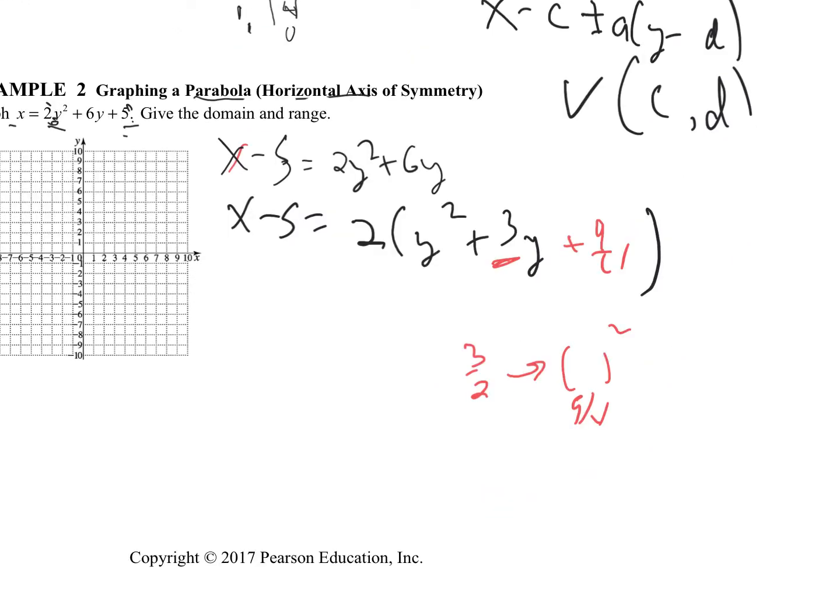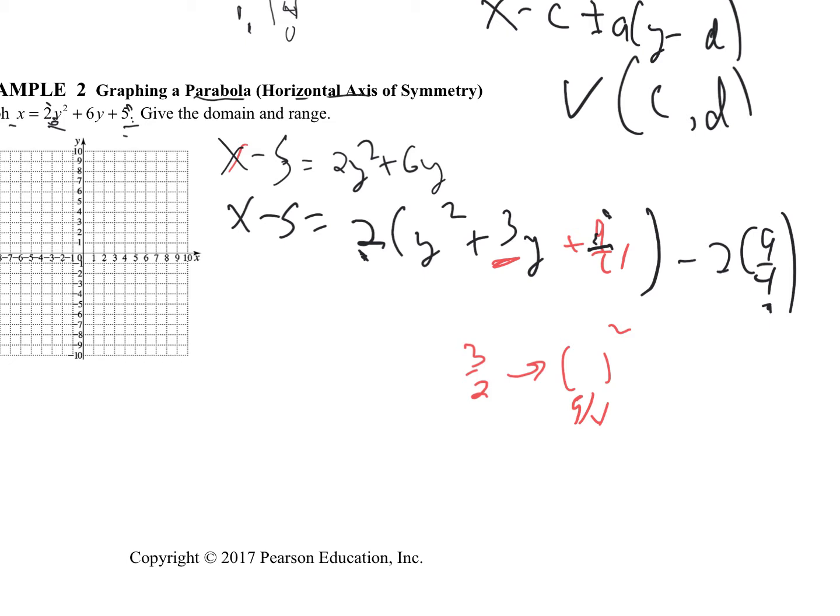But if I add 9/4, I've got to subtract a 9/4, but remember the 9/4 is being multiplied by the 2, so it's minus 2 times 9/4. Because you add 9/4, take away 9/4, but since I put it inside the parentheses, and I want to pull it back out, it's 9/4 times 2. So that's what I did. I pulled it out of the parentheses.